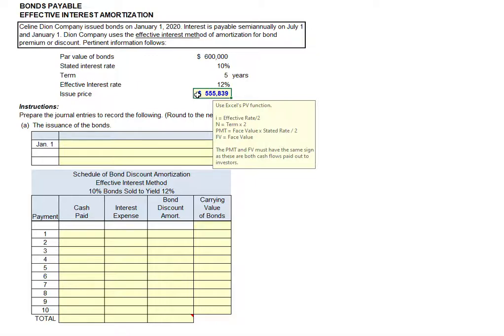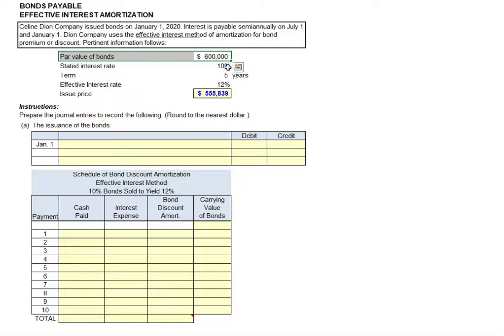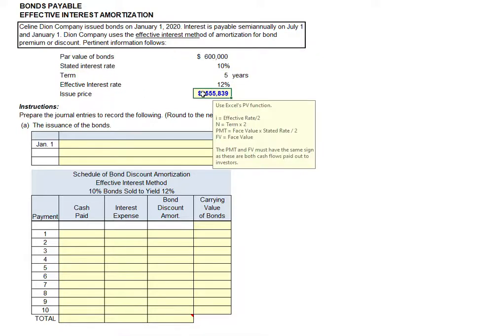The payment, again, is the face value of $600,000 multiplied by the 10% stated interest rate, so $60,000 per year. It's a semi-annual coupon bond, so the payment on our bonds is $30,000 every period. The face value will be the bond's maturity value or par value of $600,000. And again, we solve for that issue price.